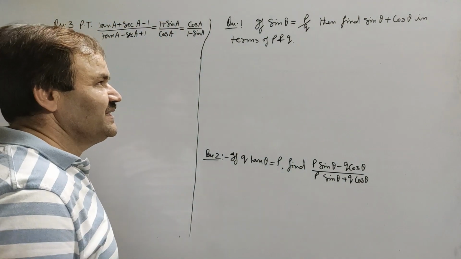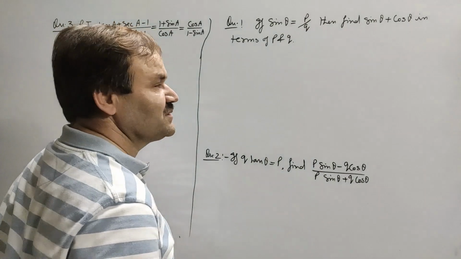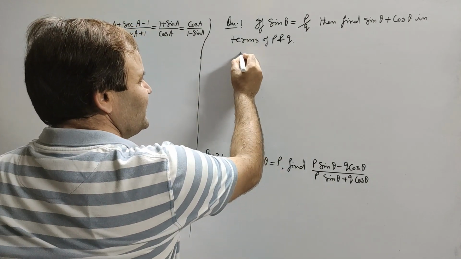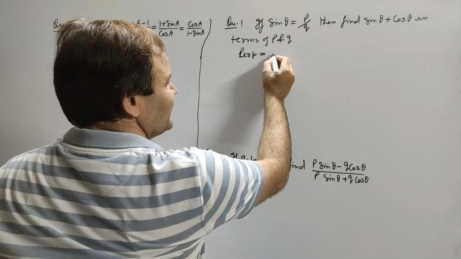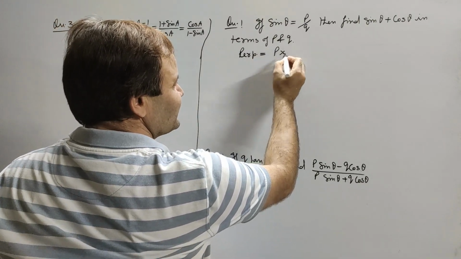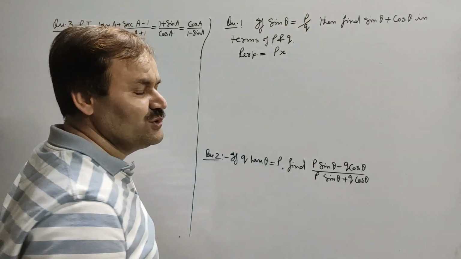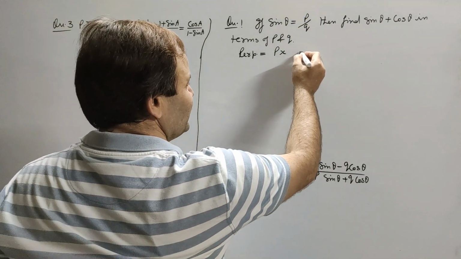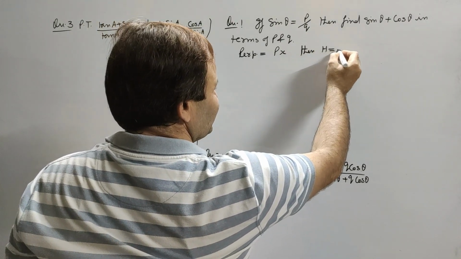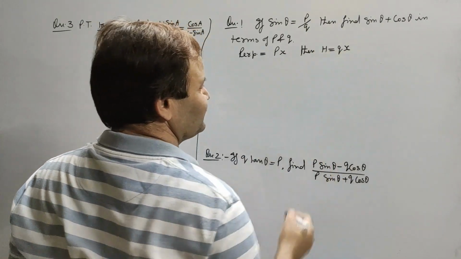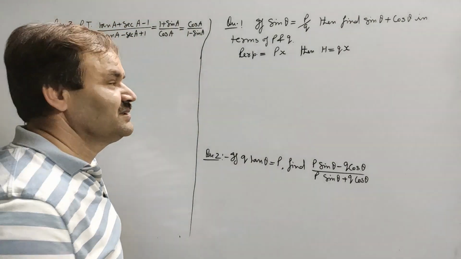We know that sin theta is perpendicular upon hypotenuse. So it means here perpendicular is say px, where x is the common factor in p and q. Then hypotenuse will be qx. So now we will have to find out base.